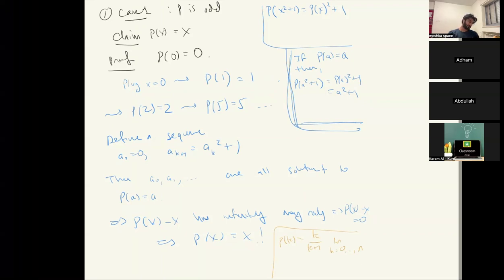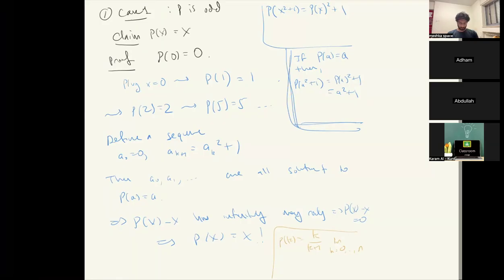So here, we don't know what the degree of p is, but it doesn't matter, because we showed that the identity p of a equals a holds for infinitely many numbers. So it must hold always. Does it make sense? Yes. This is a very important thing about polynomial identities: in order for a polynomial identity to be true, it just has to be true for infinitely many numbers.